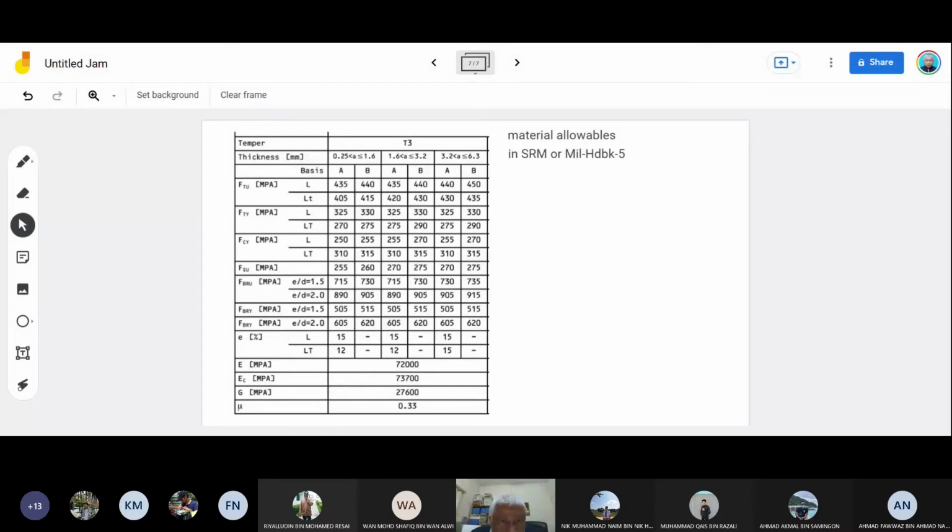So you can design the material to carry the loads. You temper them. If you see zero, no tempering, in annealed condition, the FTU, FTY, FCY will be a lot less. If you temper, you can temper to get this FTY, FTU to this value.